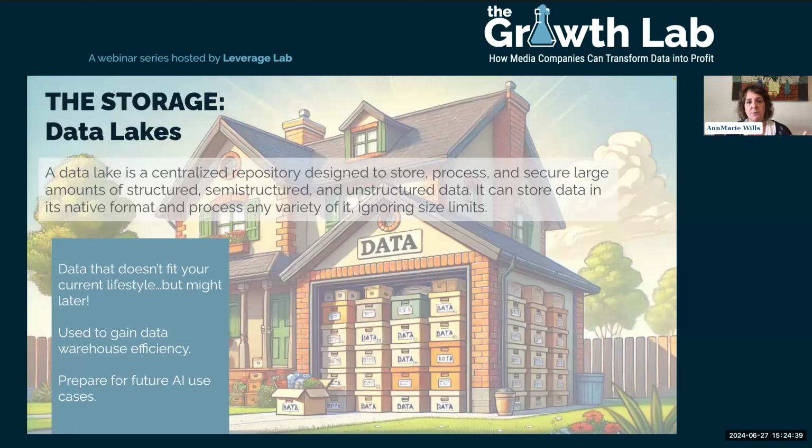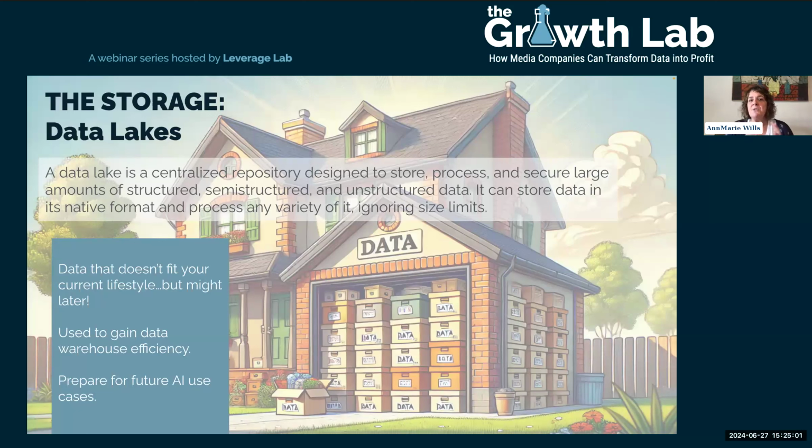So a data lake environment, from our point of view, is very much about being a repository for data. You can store the data there, you can process it, but it's really about securing large amounts of data that can be structured, semi-structured, or unstructured. We can go into a lot of detail about that at another point.